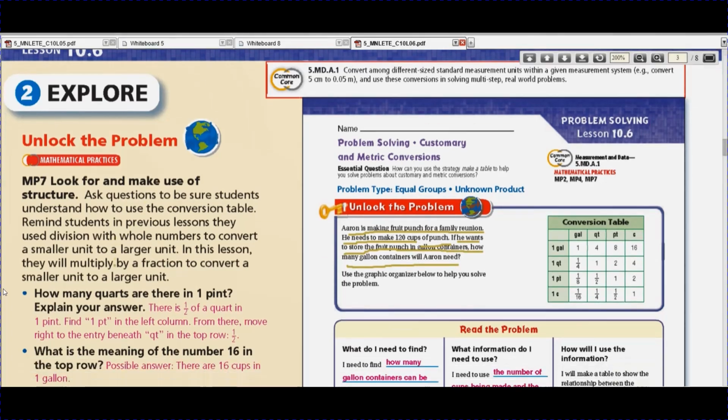Firstly, in this conversion we have conversion between capacity units. The biggest unit of capacity is gallon, then quart, pint, and the least one is cup.